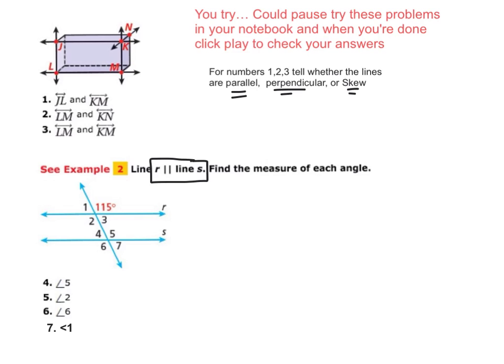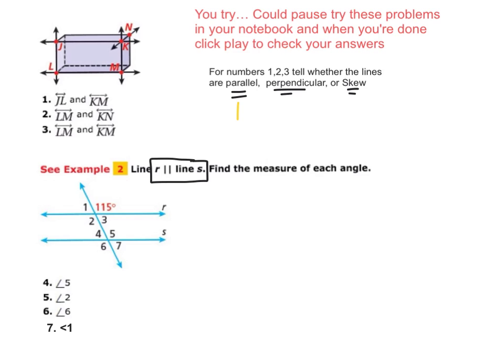Okay, for number 1, we have to look at line JL and KM. Line JL would be right here in this direction, and line KM would be right here in this direction. Looks like line JL and line KM would be the parallel lines. So number 1 would be parallel.